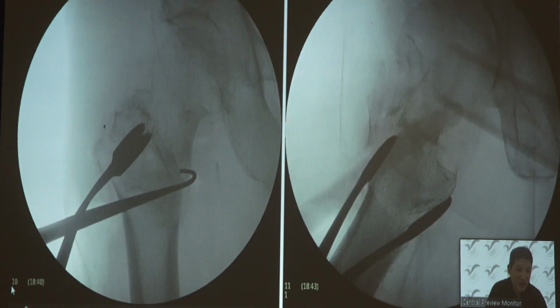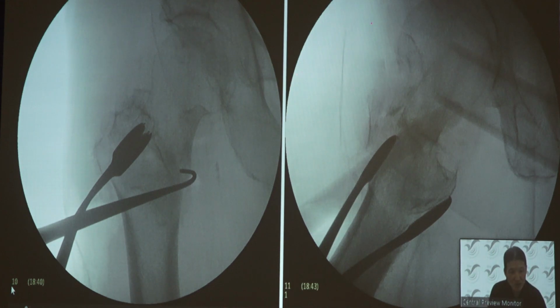Then I have some chance to see the tip of the greater trochanter, even in these kinds of cases. Sometimes I do have to do an over-reduction, but most of the time, when you don't see the entry point of the greater trochanter, I think your reduction of the posterior wall is not adequate yet.